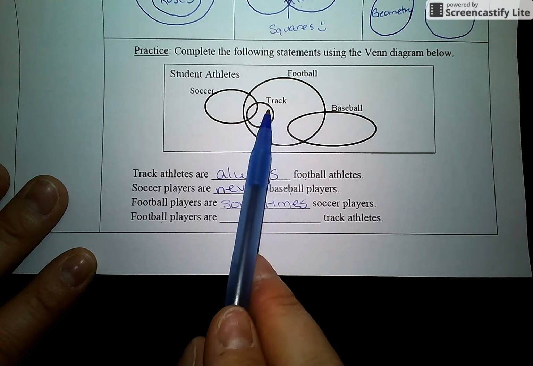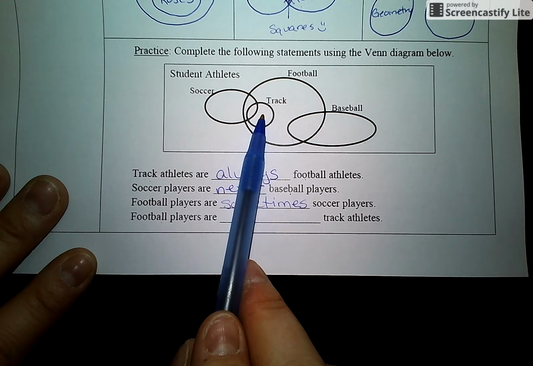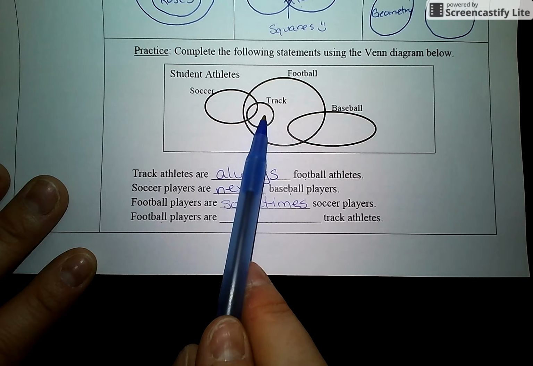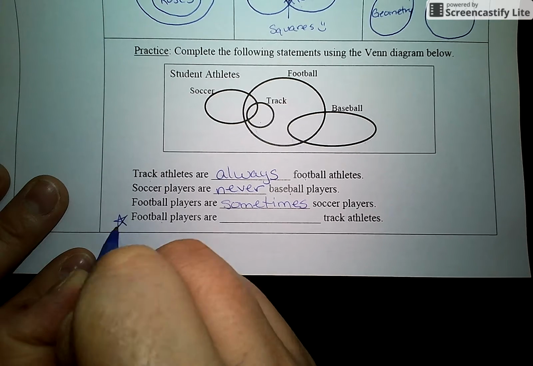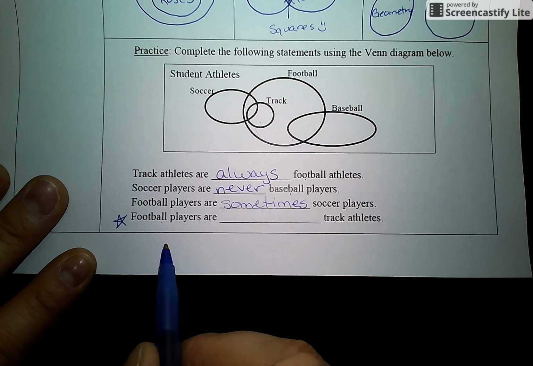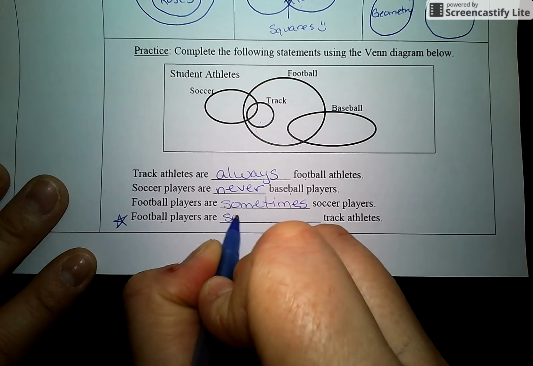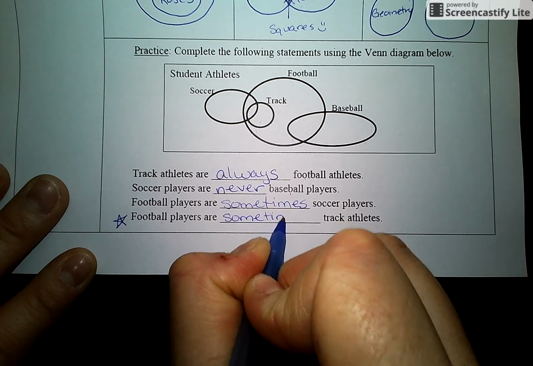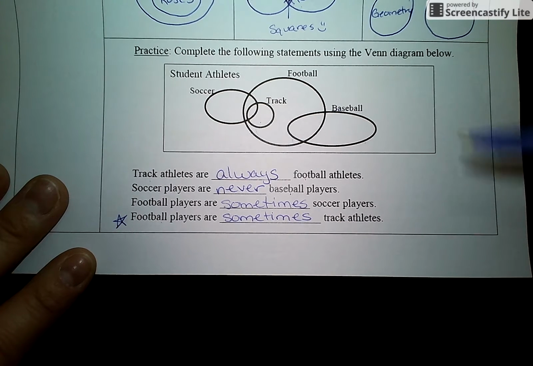There's a small group of the football players who are also track athletes. So this is a little bit different from anything else we've seen, but this representation would be football players are sometimes track athletes. Some of the football players are track athletes.